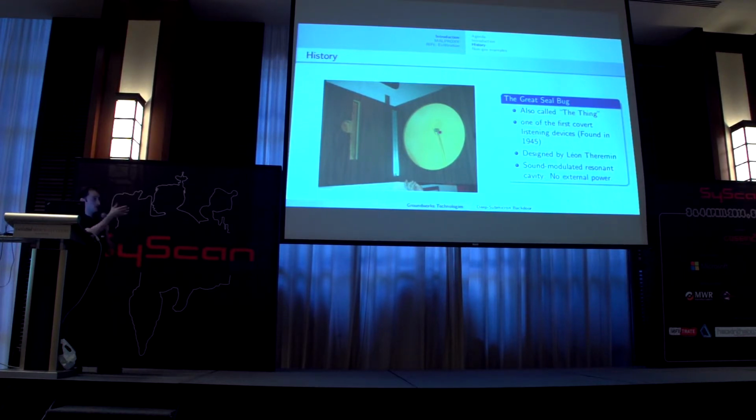You illuminate it with a radio frequency, and it will modulate and emit on a different frequency. So it was very difficult to find. It was designed by Leon Theremin, a Russian scientist who created a lot of great technology, including the theremin, a musical instrument. It was created in the 20s or 30s. It's a very old technology.